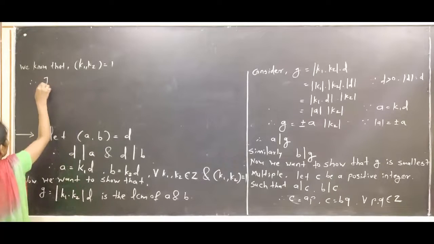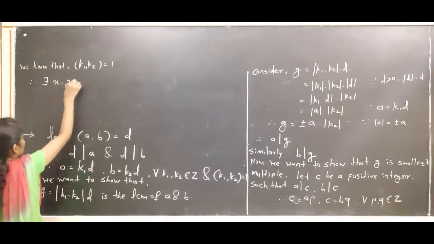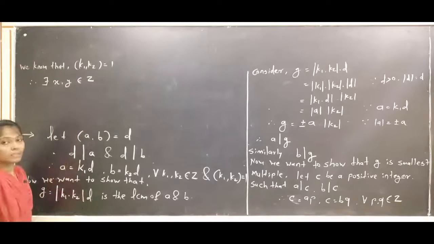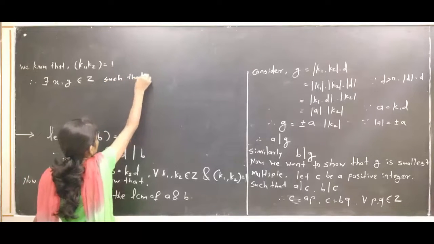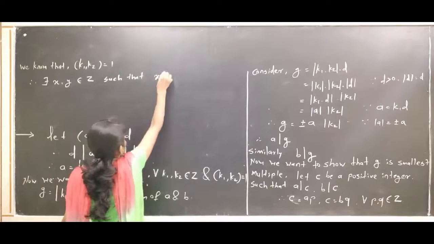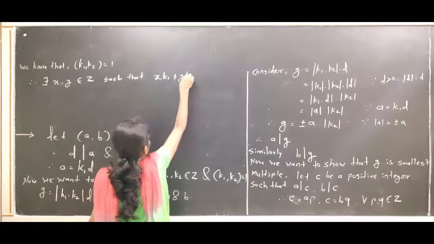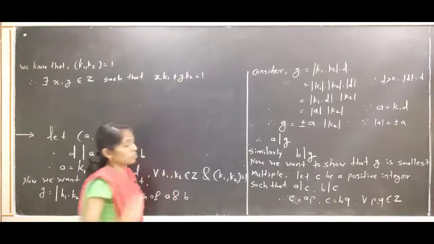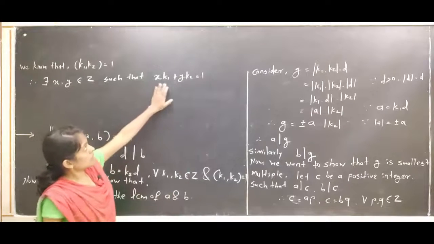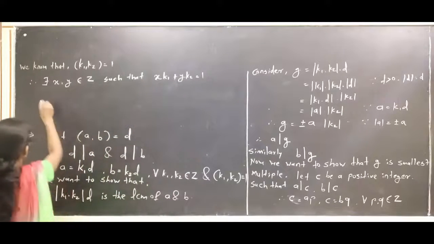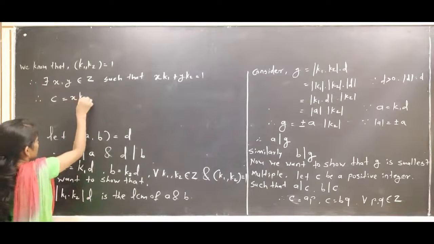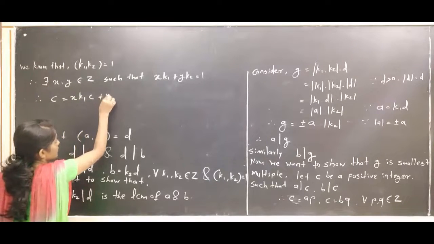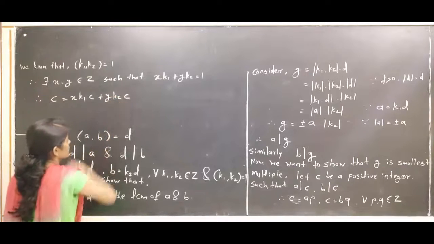Therefore, there exist x and y belonging to the set of integers such that x into k1 plus y into k2 is equal to 1. So here we multiply both sides by c. Therefore we get c is equal to xk1c plus yk2c.